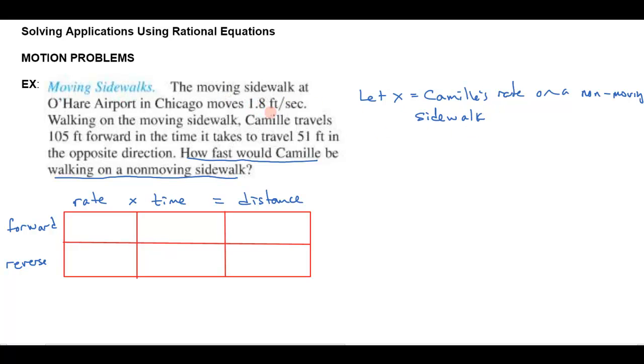Since the units here are feet per second, let's specify that Camille's rate is also in feet per second, just so we're clear. So when she gets on that moving sidewalk, what if she was walking maybe 4 feet per second? Then when she gets on and the sidewalk's going 1.8, she gets to add the 1.8 feet per second to her rate. So this would be Camille's rate going forward.